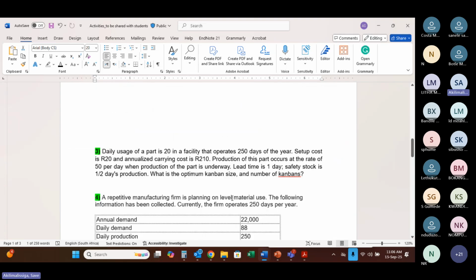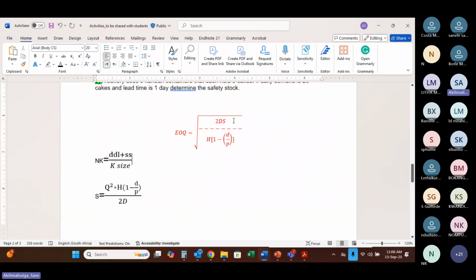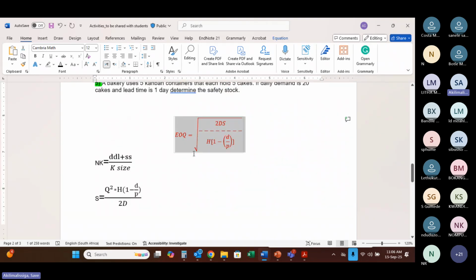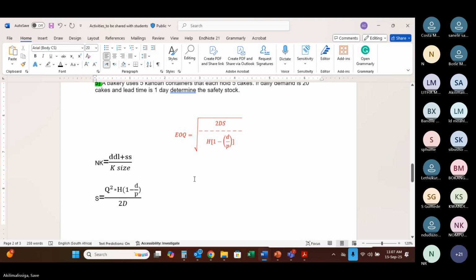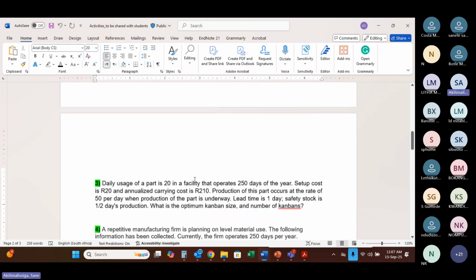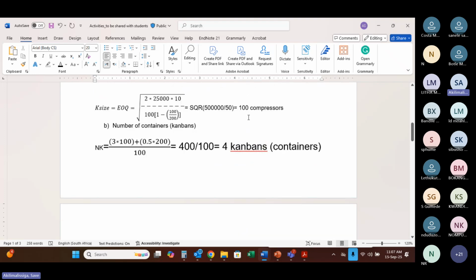So now we have made use of the 3 formulas: the EOQ, the setup cost, and the number of Kanbans. So the other part of the content that you haven't touched is calculating the setup time, right?